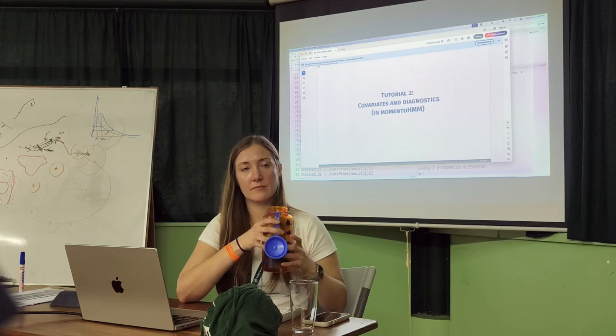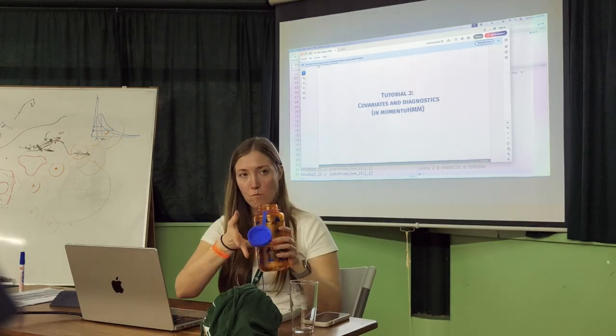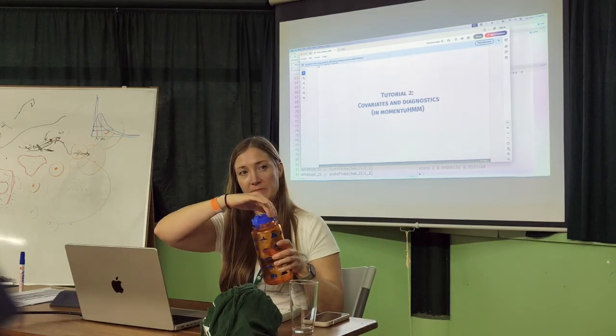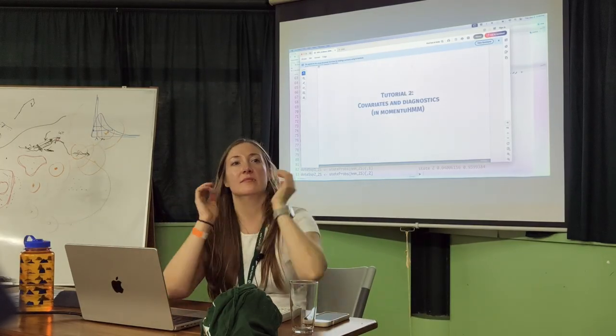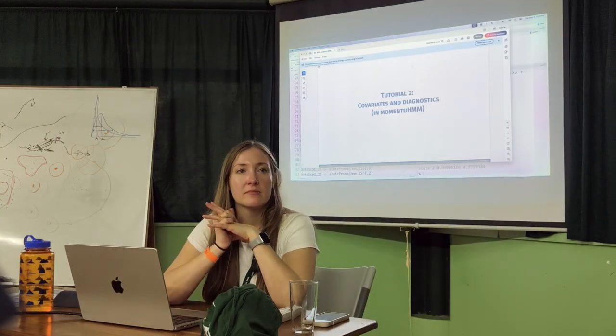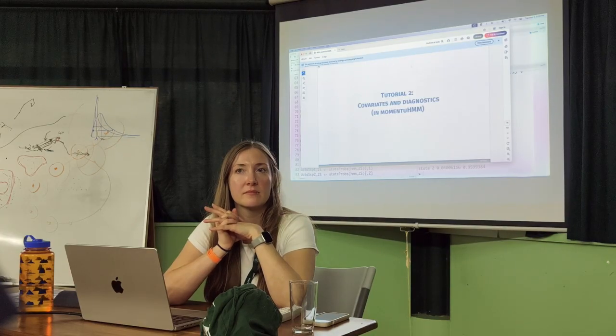Because you already used the individuals in the model, you have 7 animals. So I can add the individual as a covariate to see if there's a difference in how each individual influences the states that are being selected.